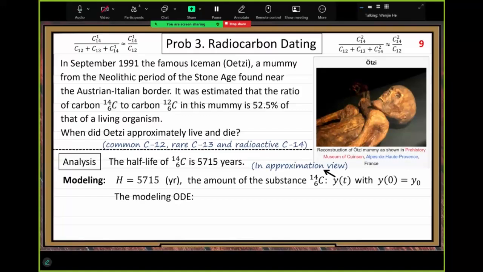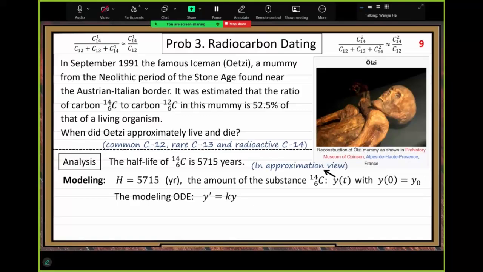So now let's write our differential equation. y prime equals ky, where y prime is dy over dt, for some unknown constant k. Here the k is unknown. We know it's some negative number. Although it's unknown, because half-life is given, we can find the k value from the half-life.